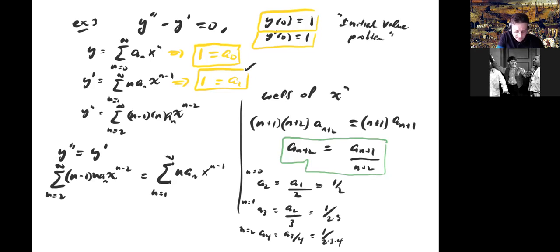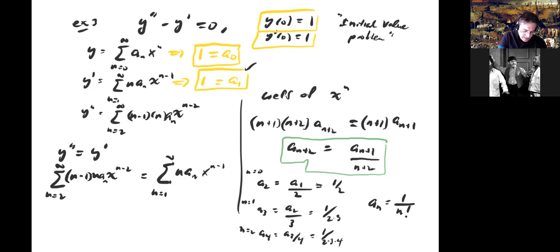So you can see from the pattern that emerges that a sub n is equal to 1 over n factorial, and that's for all n 2 or larger.